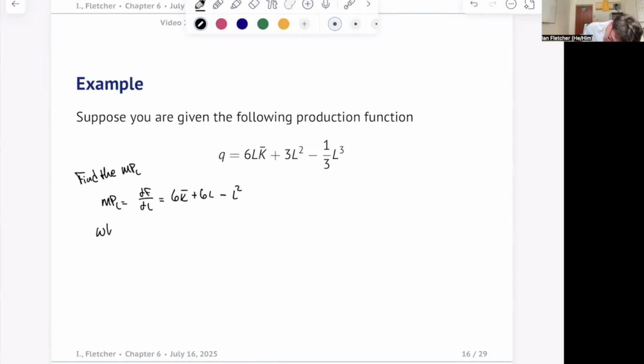When is MPL equal to 0 or output maximized? Output, not profit, sorry. Well, we set this equal to 0. Solve for L.